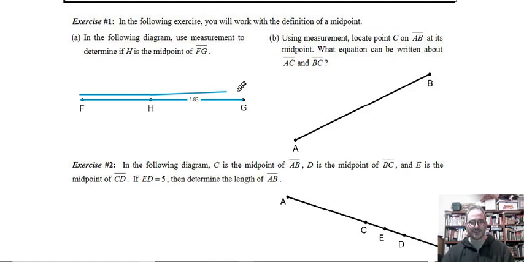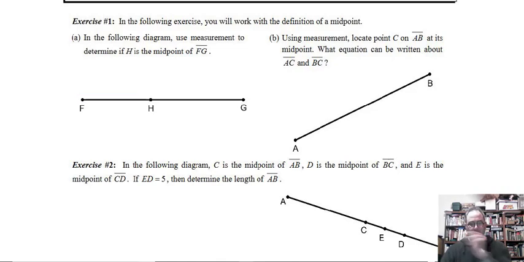And between here and here, it's going to be not 1.78, but like 2.31. So do you see that? H is not the midpoint because it's not directly in the middle between F and G. The middle between F and G is going to be somewhere at 2.04. So right here is going to be the midpoint. H is off.